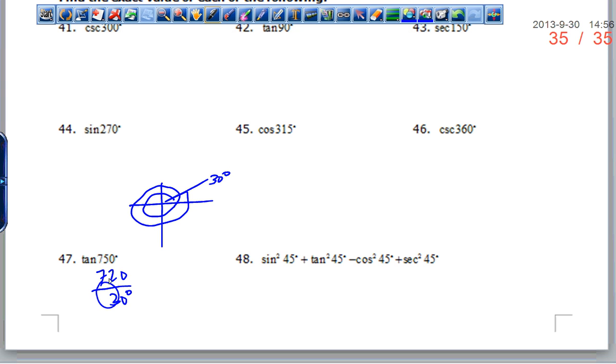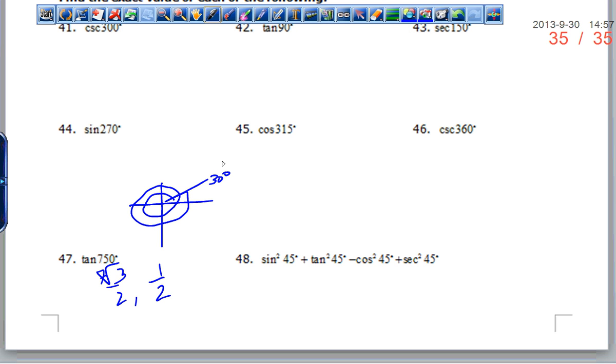So what are my x and y values at 30 degrees? Root 3 over 2, comma 1/2, right?